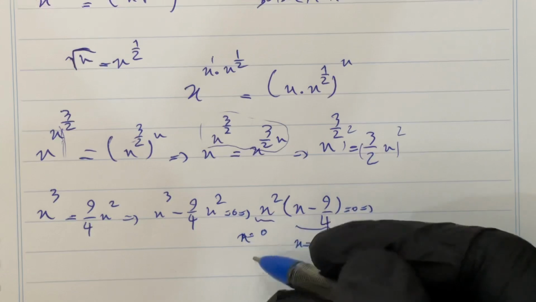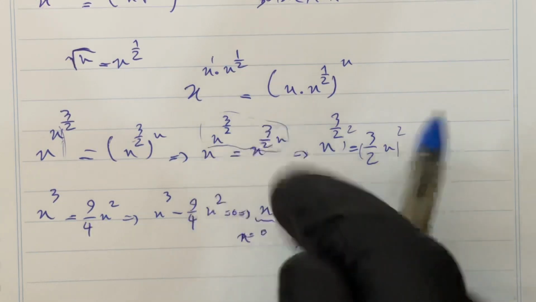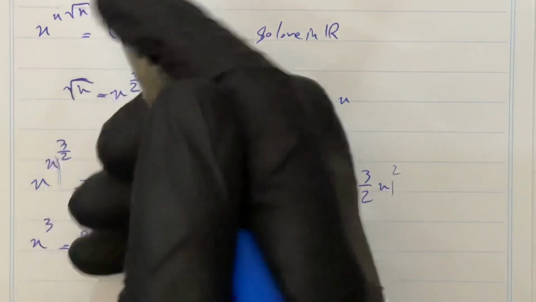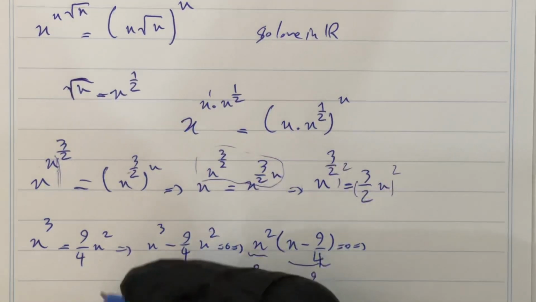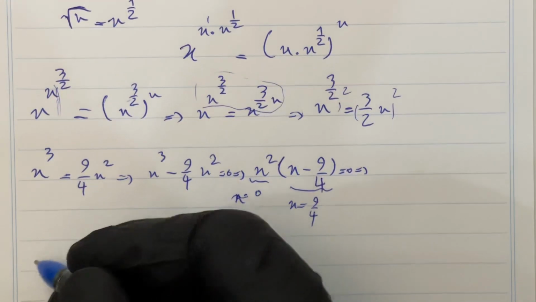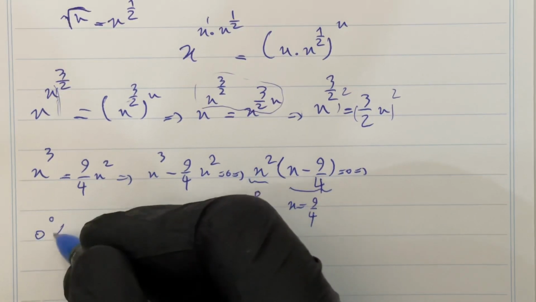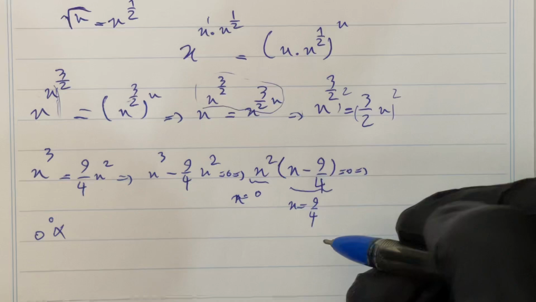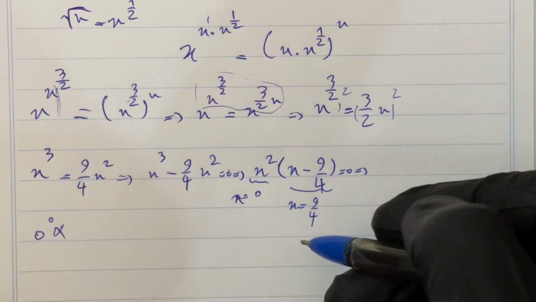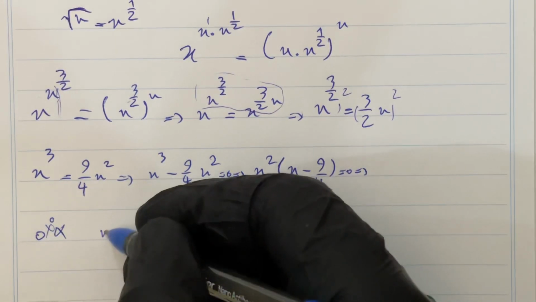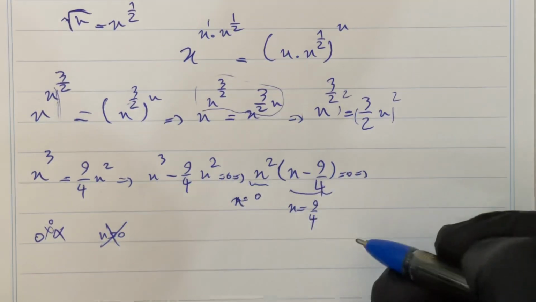If we check x equals 0 in our equation, we get 0 to the power of 0, which is undefined, at least in our case here. So we ignore this. So x equals 0 is not an answer.